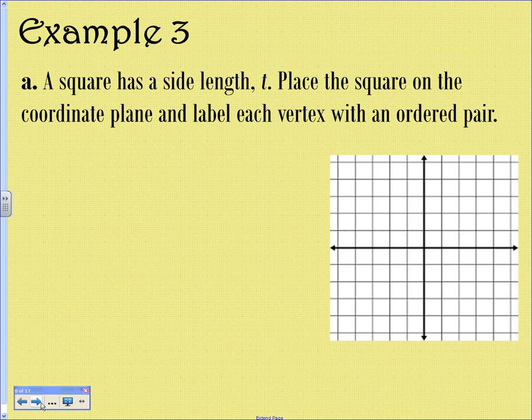A square has a side length of t. Place the square on the coordinate plane and label each vertex with an ordered pair. It's t. It's just the length of t.